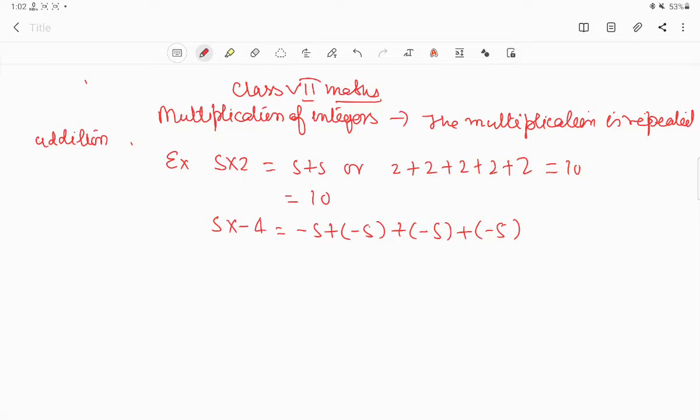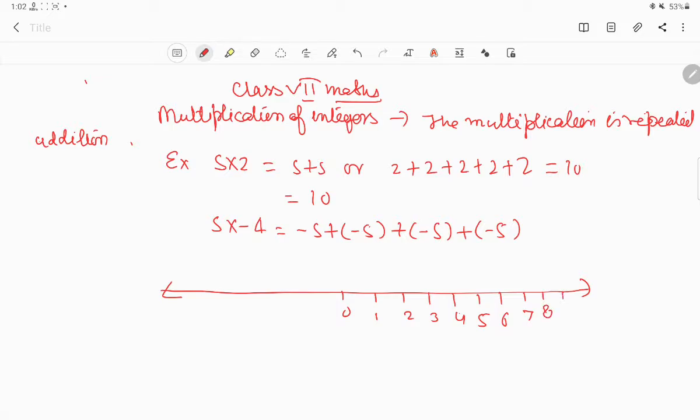We can show this on the number line also. See, this is the number line. First, in the middle write 0, then 1, 2, 3, 4, 5, 6, 7, 8, 9, 10.